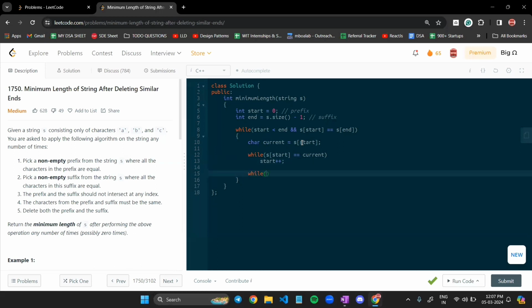And while s of end was equal to current, we were decrementing end, right? Now we have to add one more check over here, that is start should be less than or equal to end. And additionally, we have to add one more check, which is end should be greater than start, correct?